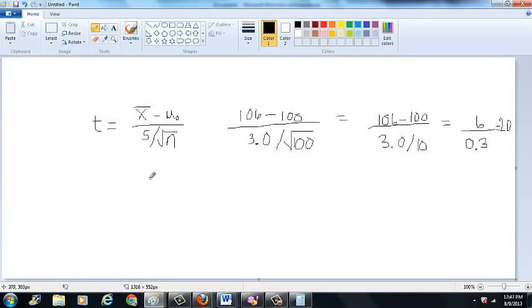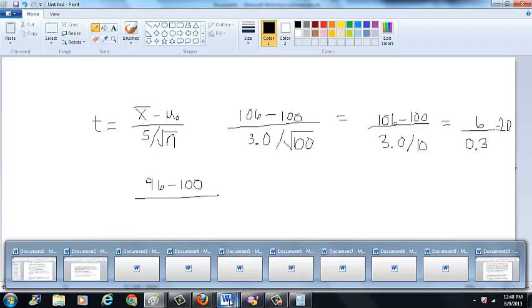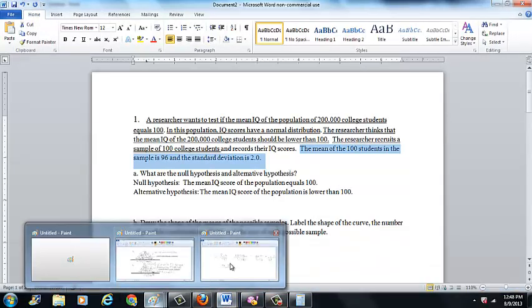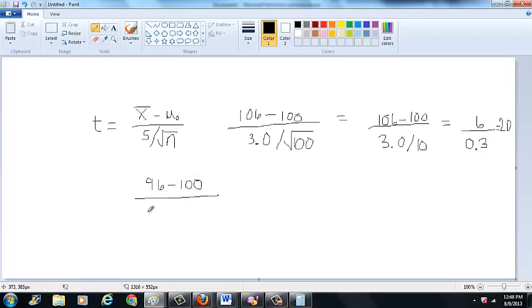So we have 96 minus 100 over our standard deviation, which was 2, over the square root of our sample size, which is 100.